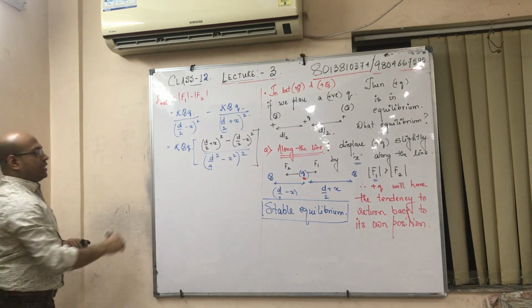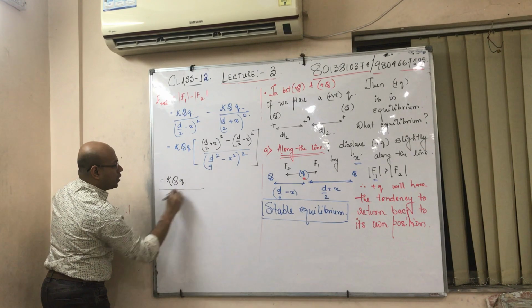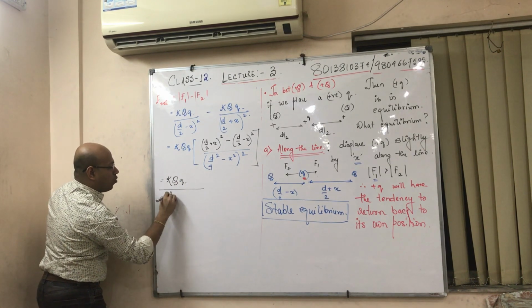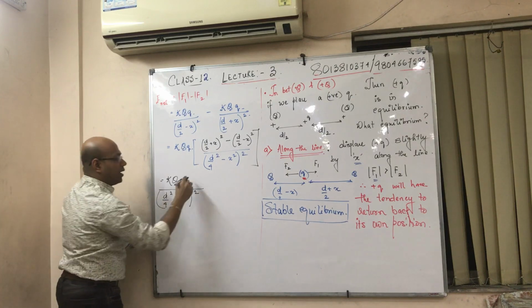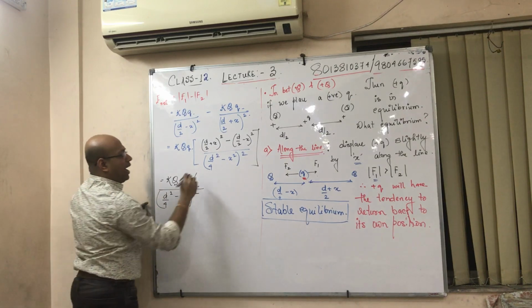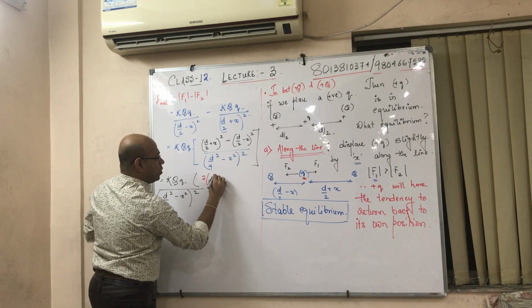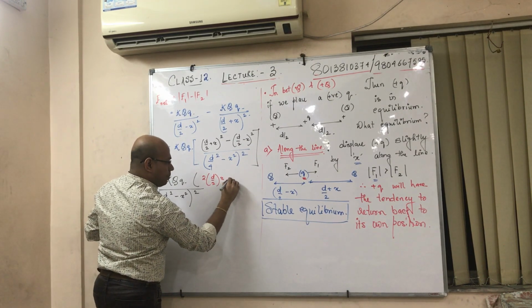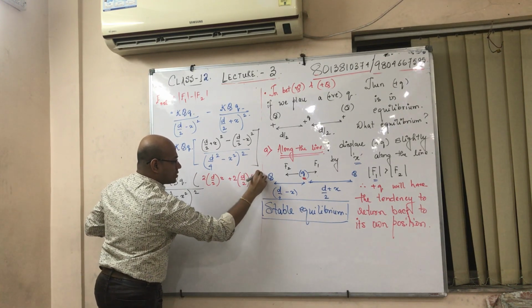So what we get? We get something like this: K big Q small q d by 4 whole square minus x square, the whole square, and over here we have twice d by 2 into x plus twice d by 2 into x.